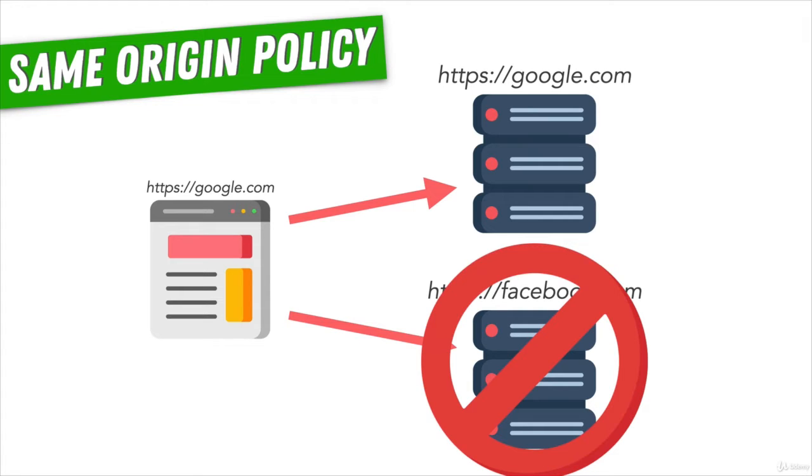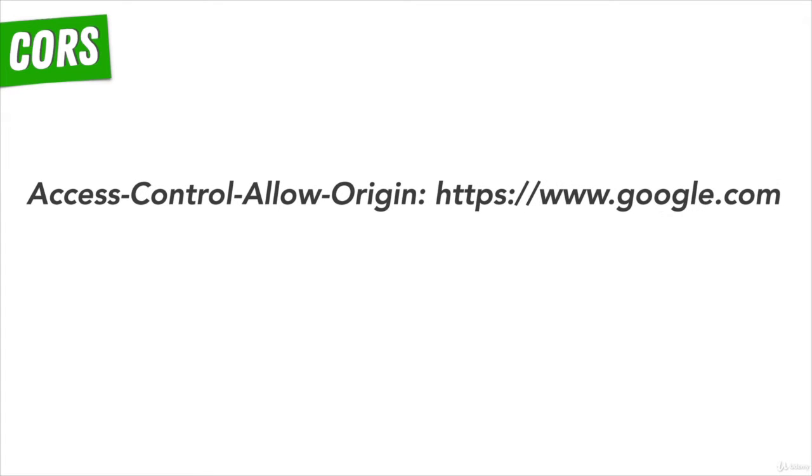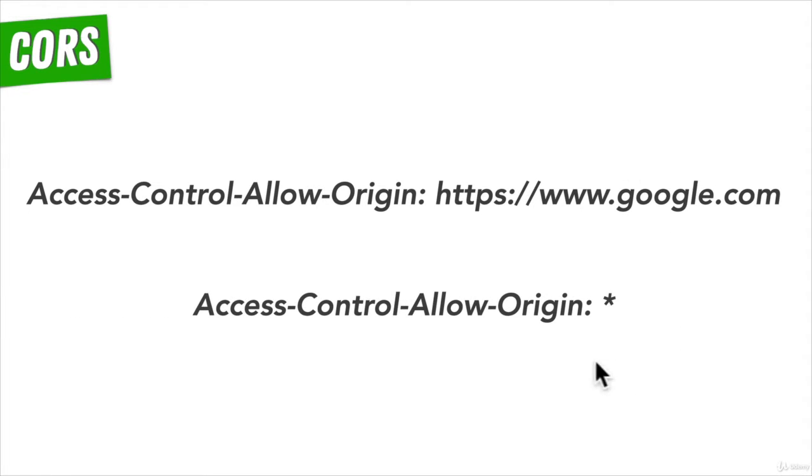Now, we can allow cross-origin requests that we expect by sending this special Access-Control-Allow-Origin header from the server, which will allow either all requests from any site, if we use the asterisk, or requests only from a specific origin, if we specify the value like so.